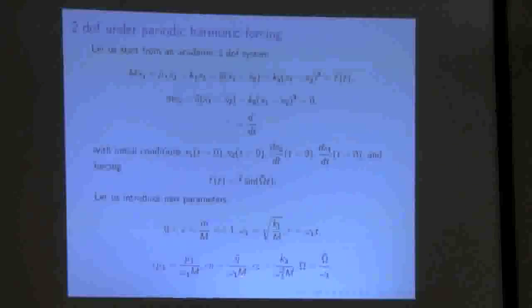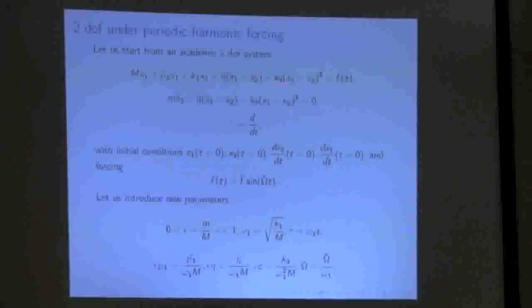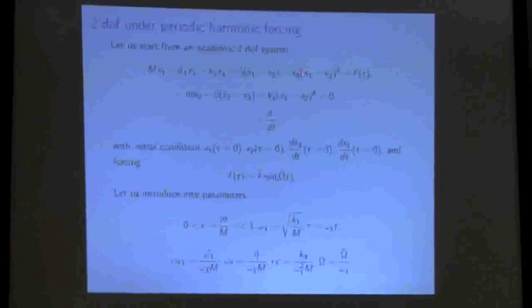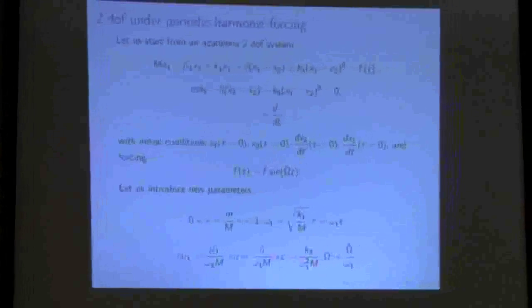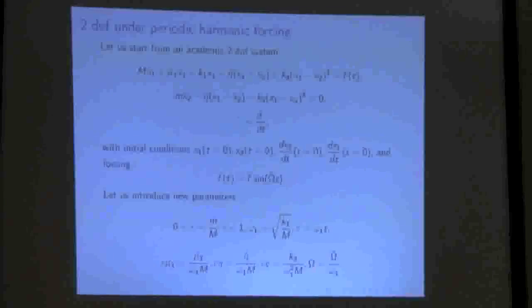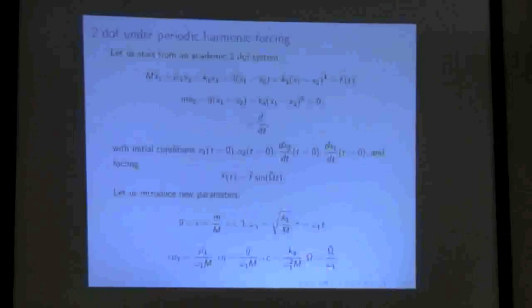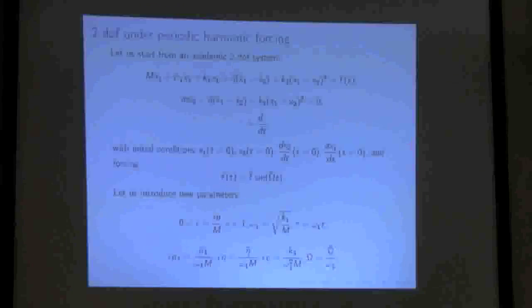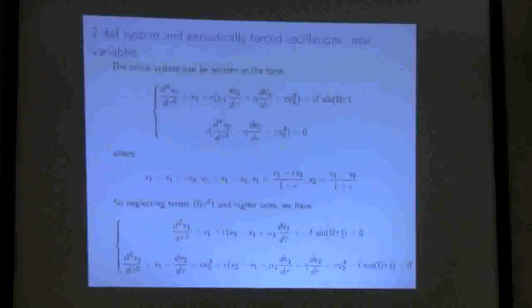I have the same thing for the damping between the nest and the main mass, and I assume also that the nonlinear cubic term is small. I introduce a perturbation analysis. Then I introduce here a new external frequency rescaled by omega 1 eigenfrequency, and I obtain the following system.